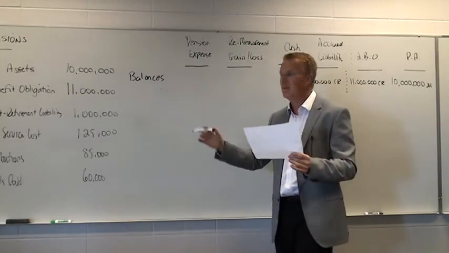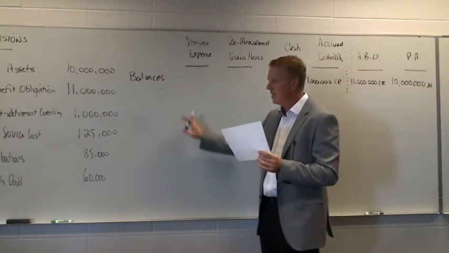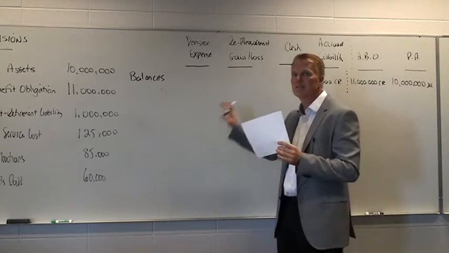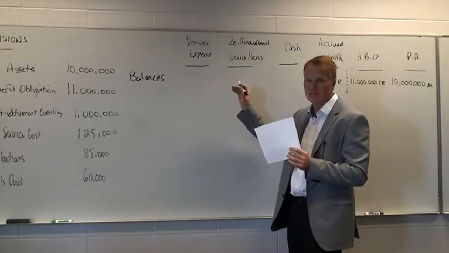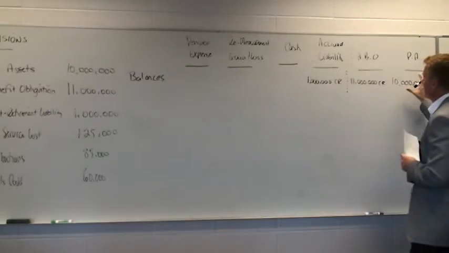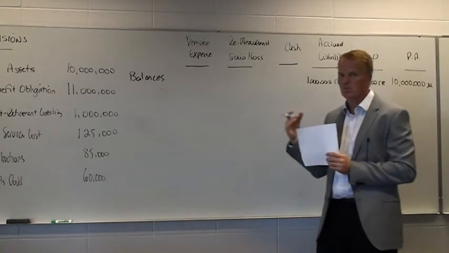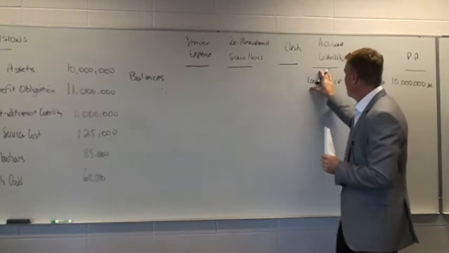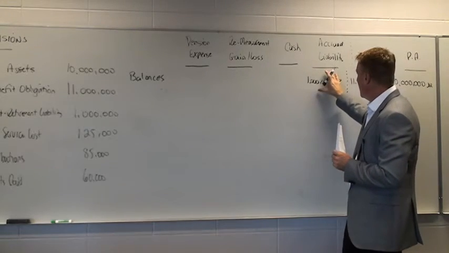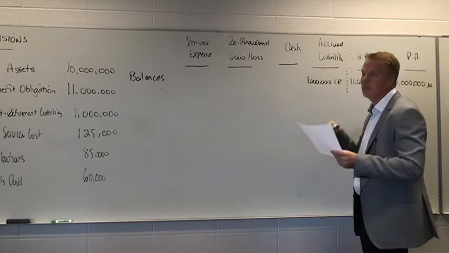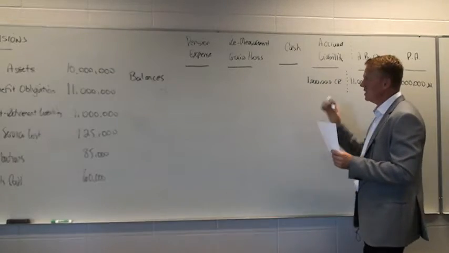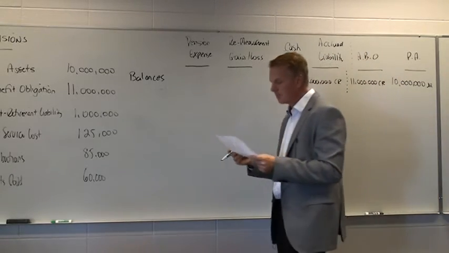That's a key thing: understanding that debits must equal credits except for our ending balances. In our ending balances, there's going to be a difference between the two, and most of the time it represents a liability. If this is a debit, a positive, then we'd actually be very happy. But that's usually not very likely.